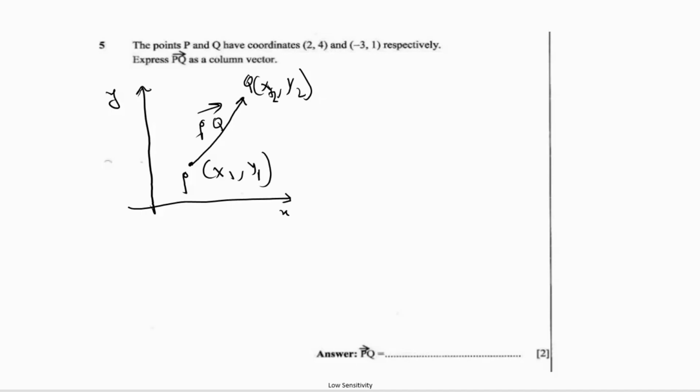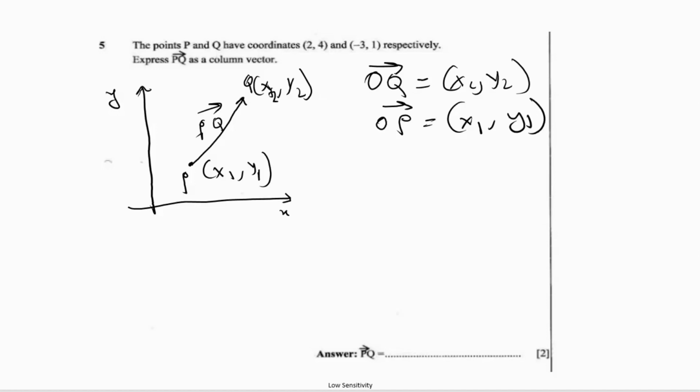So what we can do with each position is express each position as a position vector. So this point Q can be expressed as a position vector OQ, which equals x2, y2, and we can express P as a position vector, which is x1, y1.